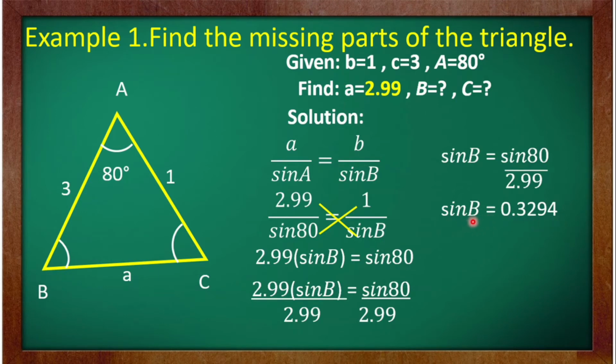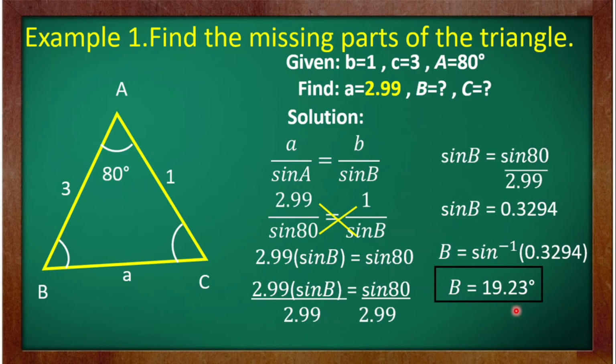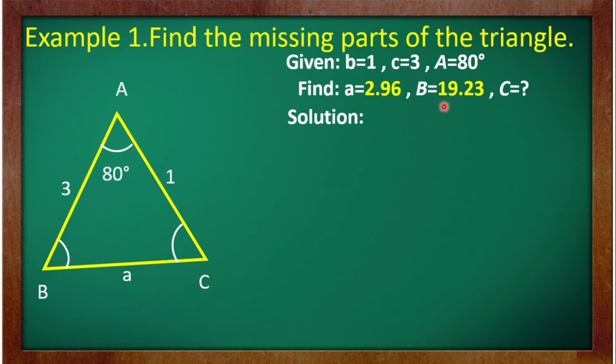Then to solve for angle B, pindutin natin sa calculator, shift, or kunin natin yung inverse ng sine, which is arcsine or sine raised to negative 1. Then, type 0.3294. So, ang magiging value ng angle B ay 19.23 degrees. Nakuha na natin yung angle B, which is 19.23 degrees. Now, let us find angle C.